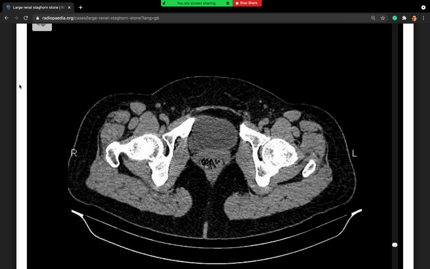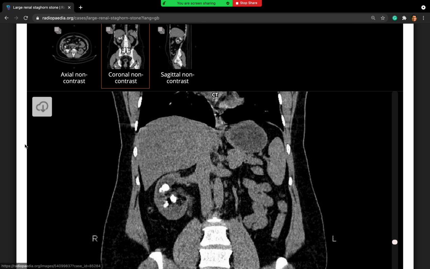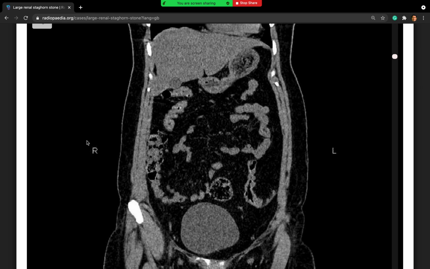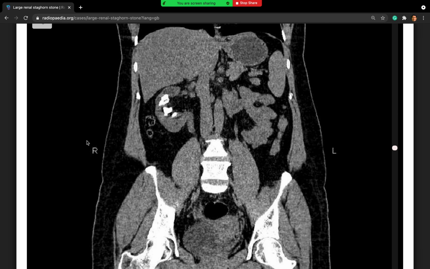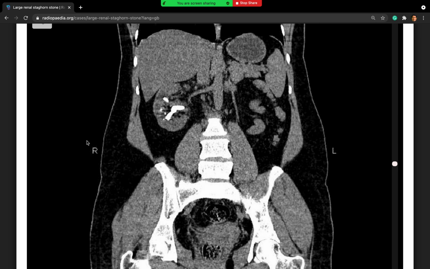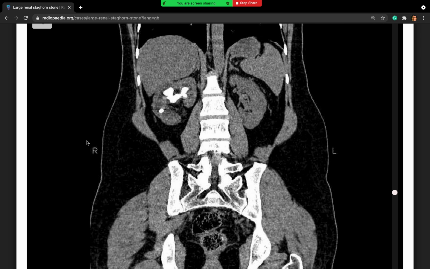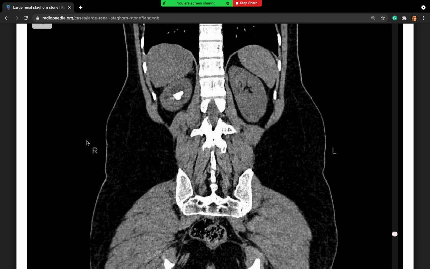There was also parenchymal thinness on the right side. Her bladder appears to be normal with no stones. And this is the coronal section of abdomen and pelvis. Non-contrast again shows multiple stones in the right kidney. Yeah, so all these radiodense shadows seem to be connected with each other.